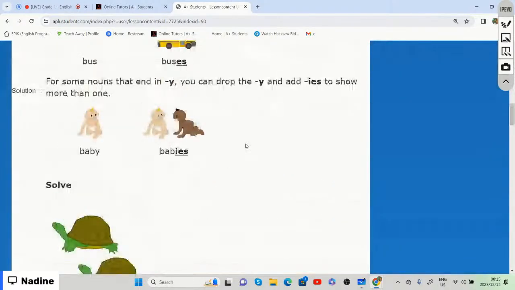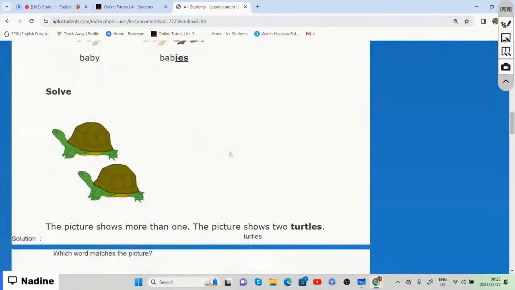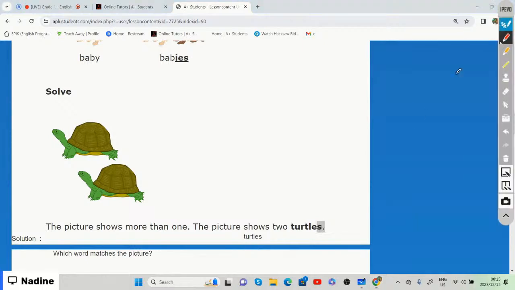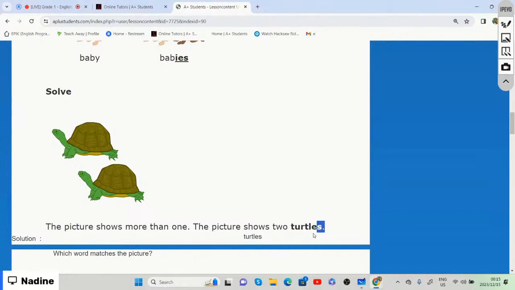So two turtles, right? One turtle is without the s, and then we have two turtles, and that is when we add the s.